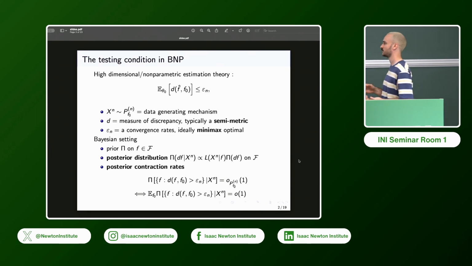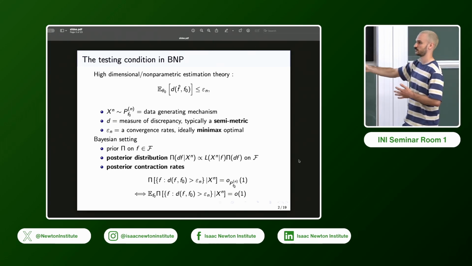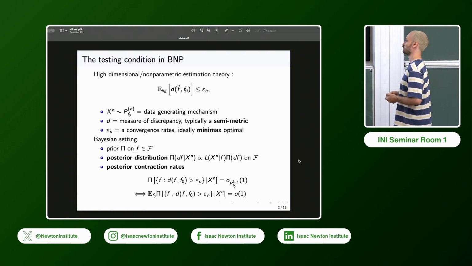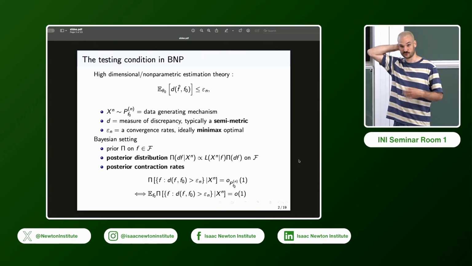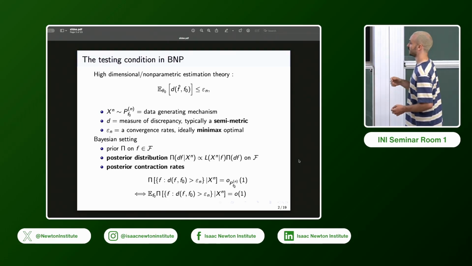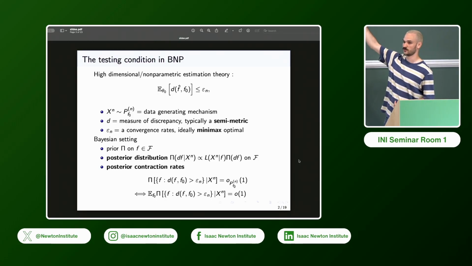So what we're doing here is we have a Bayesian tool, the posterior distribution, which is constructed from a prior and some observed data. If you're only being Bayesian, then the data is fixed and you're playing with your posterior distribution. But what we are going to do is to analyze the behavior of this posterior distribution if you assume that the data is not fixed but generated itself in a frequentist way as above.